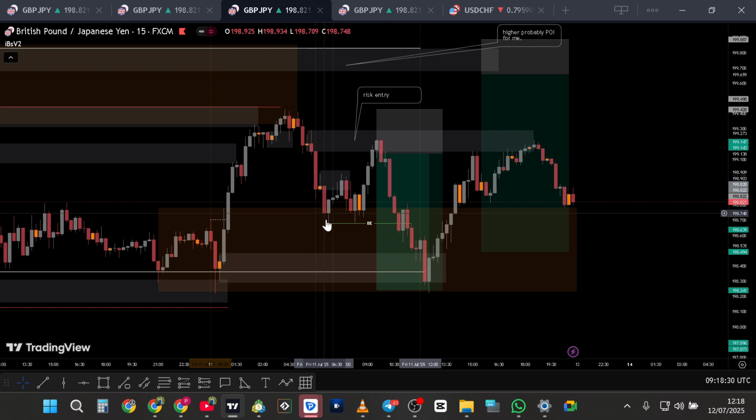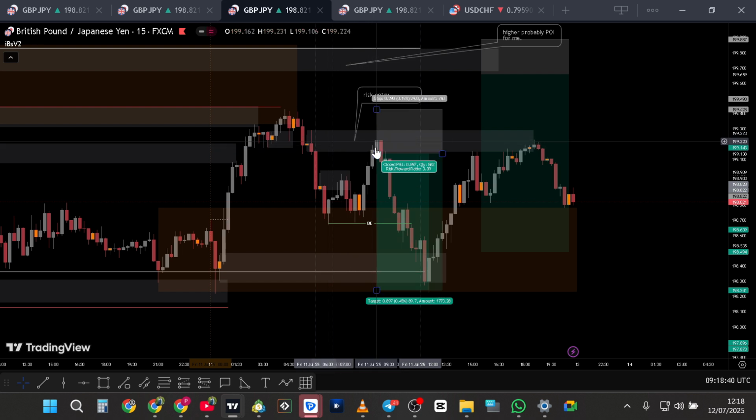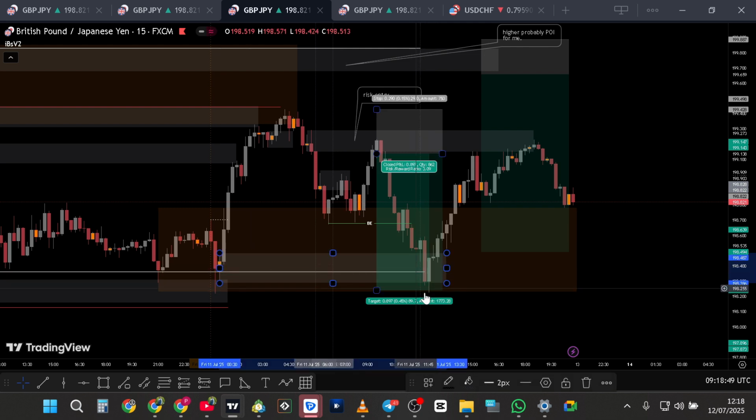Price shot down, and then during London price ranged, and then went up to that supply. Then later, in the late morning or midday hours, price shot to the downside and took out that TP, and also took out that demand with a wick.